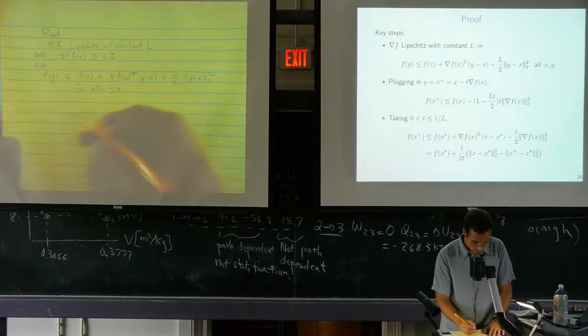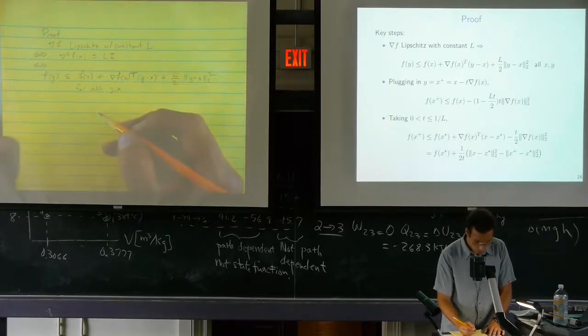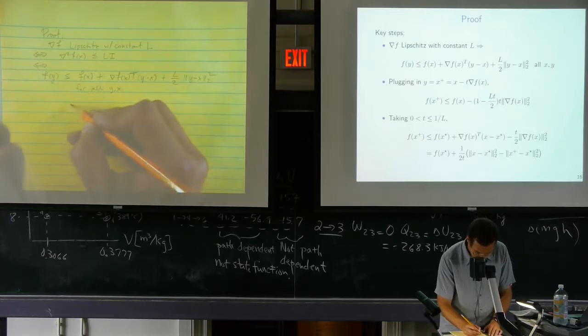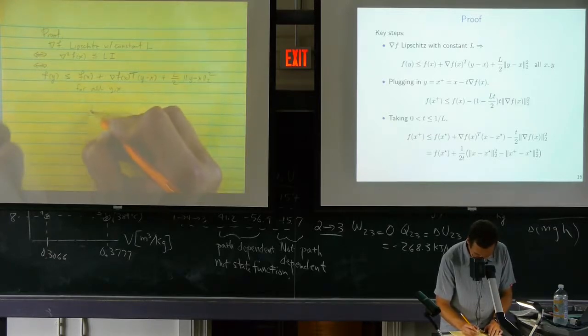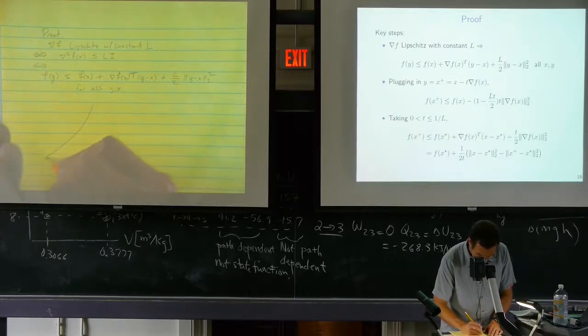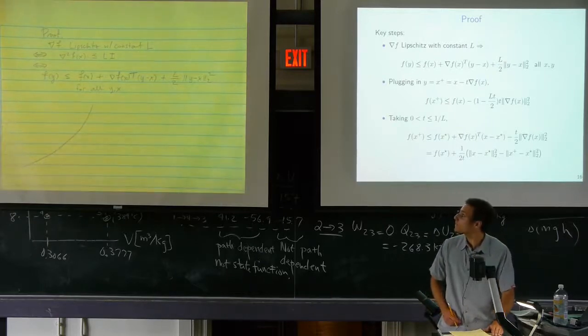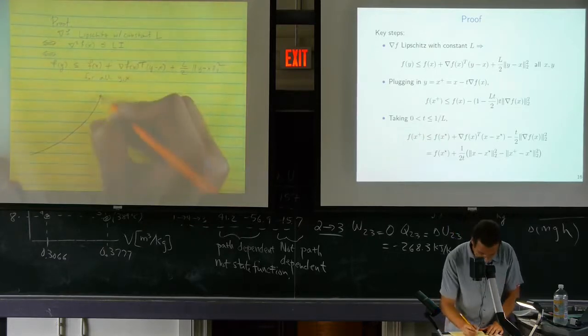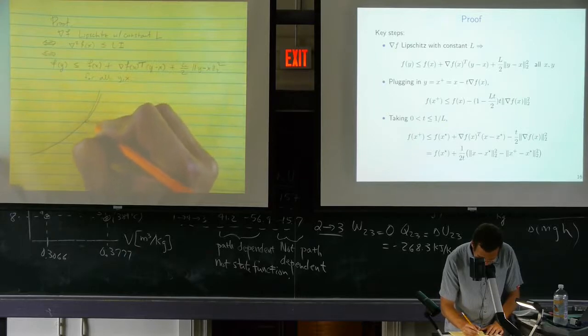So I'm going to draw a picture here as we go along the proof, and hopefully the picture is going to complement the steps of the proof. So let's suppose this is our function, say, our function f we're trying to minimize. And I make this quadratic expansion around some point.